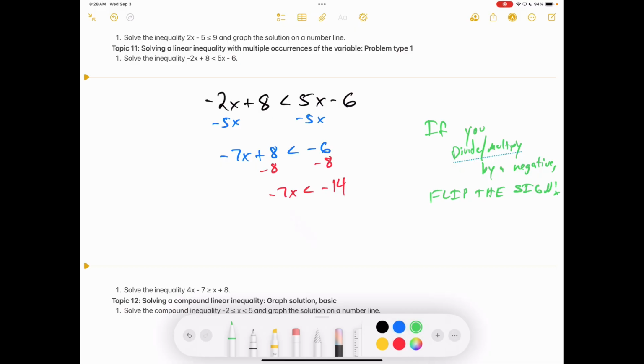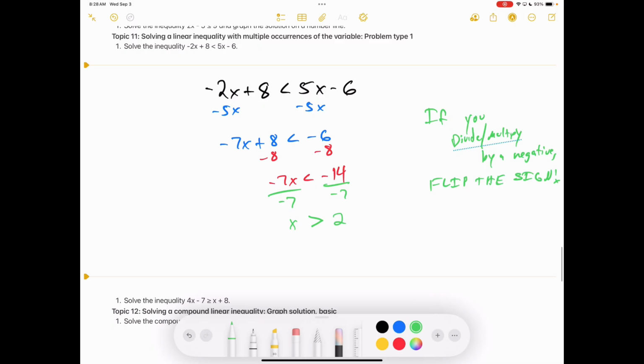So when we go to solve this one, we are dividing by negative 7. So we are going to flip the sign the other way. And it's x is greater than 2 is my answer. Which I guess we just did that in interval notation. Parenthesis 2 to infinity. So you solve it just like it's an equal sign. But if you ever divide by a negative, you flip the sign.